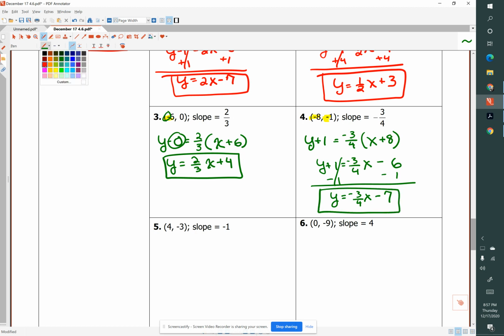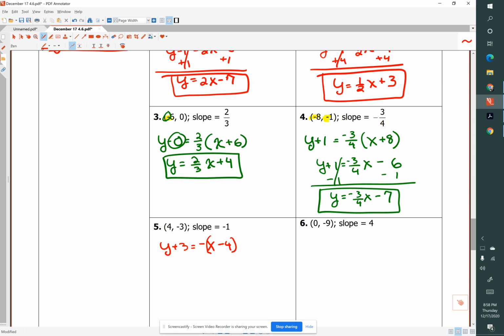So let's move on to number 5. Y minus negative 3 is y plus 3 equals negative 1x. We call that negative x. That becomes an invisible 1, negative 1 times the quantity x minus 4.